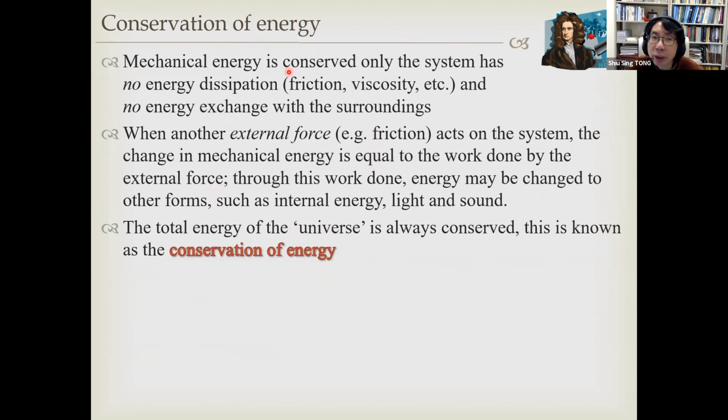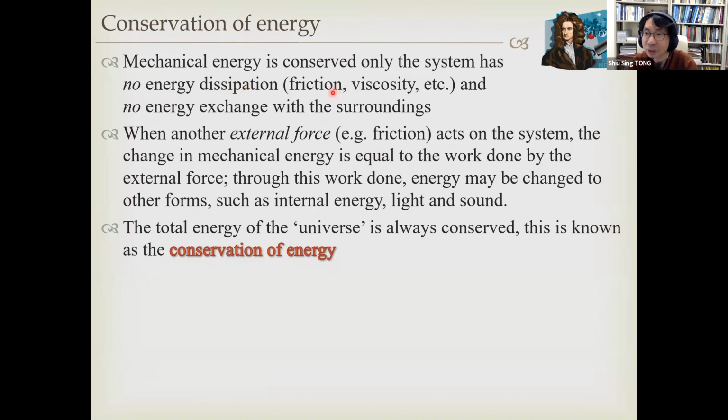Now, we say that mechanical energy is conserved because we assume that the internal forces are conservative forces. So they only allow kinetic energy and potential energy to exchange with each other, but the total energy remains conserved. That relies on the assumption that there is no energy dissipation.